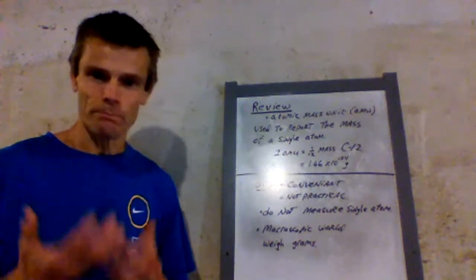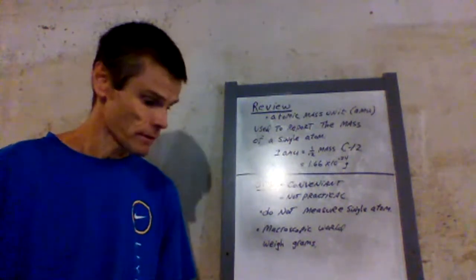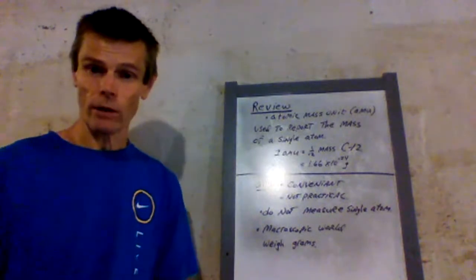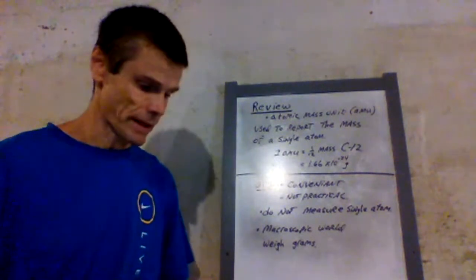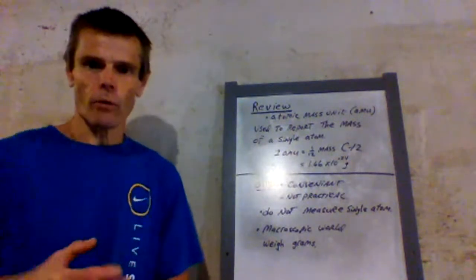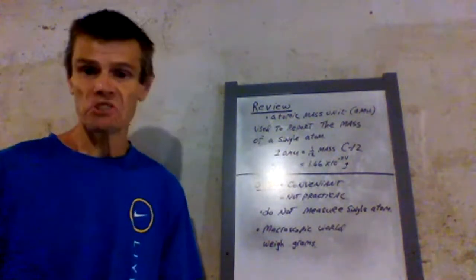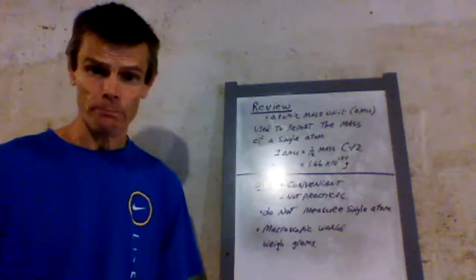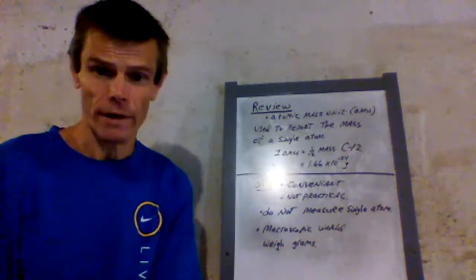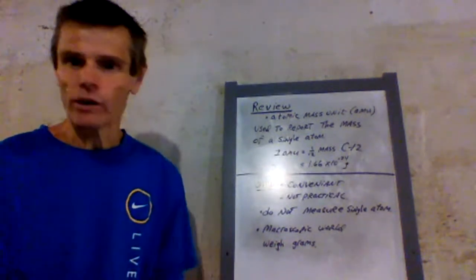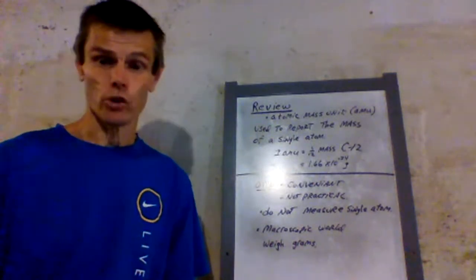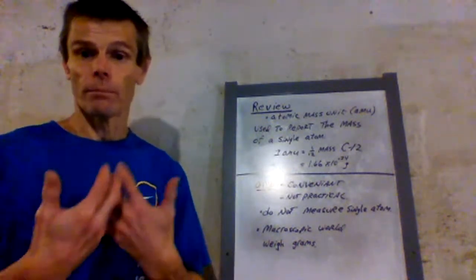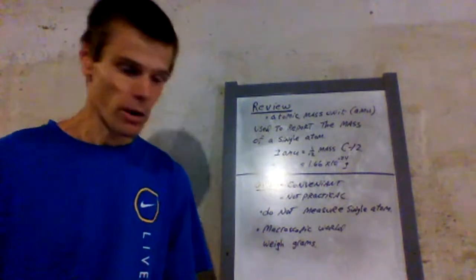So we need to define a way to measure out large numbers of particles that we can apply to real world samples. Because if we think about a real world sample, let's just think about a teaspoon of water. If we could go in there and count them, we're going to end up with about 2 times 10 to the 23rd water particles or water molecules.